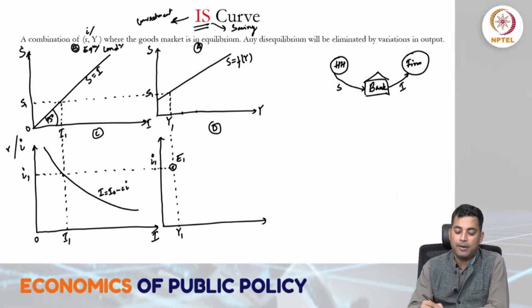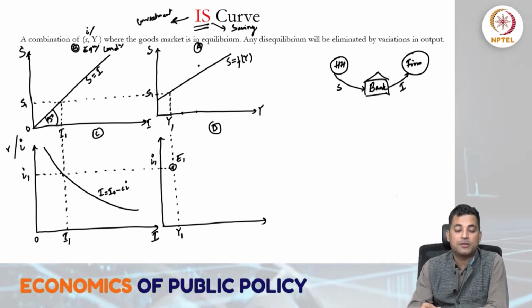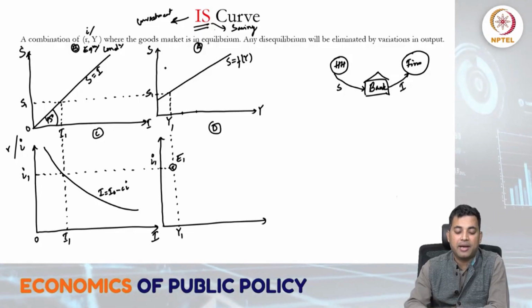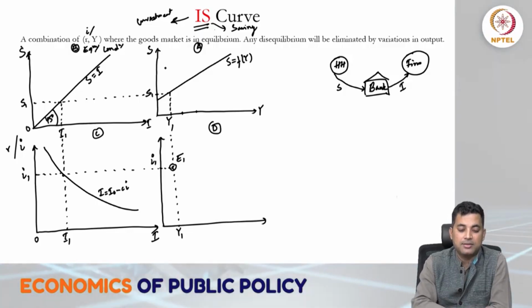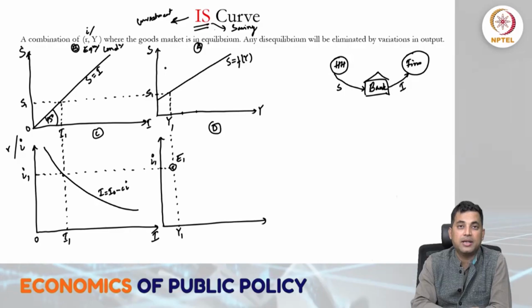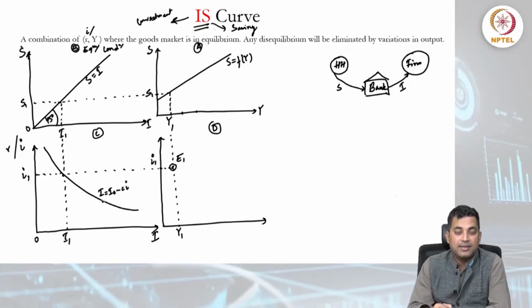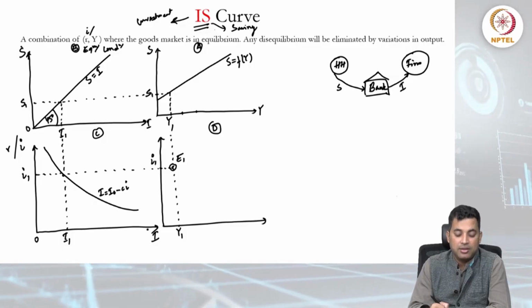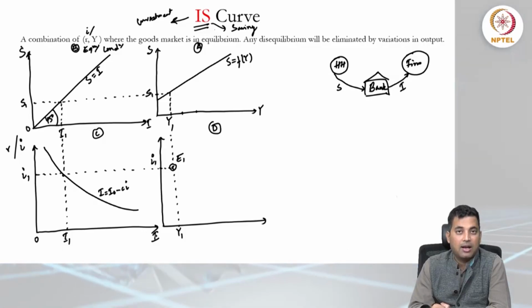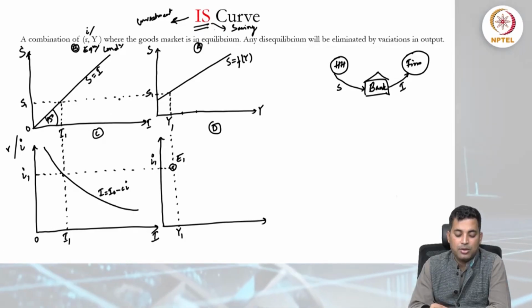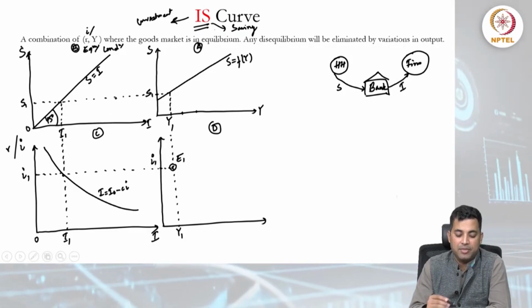On the first panel, savings is measured on the vertical axis, and parallelly I am measuring savings in panel B, and then with the investment, and in panel C parallelly I am measuring capital I, which is investment, and this capital I is parallel to investment in panel B.